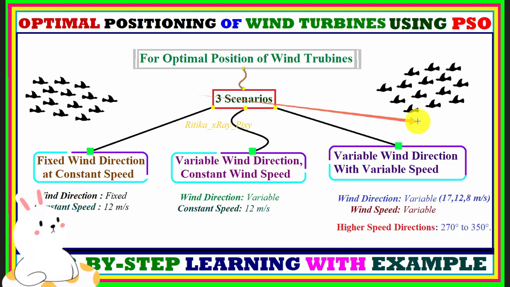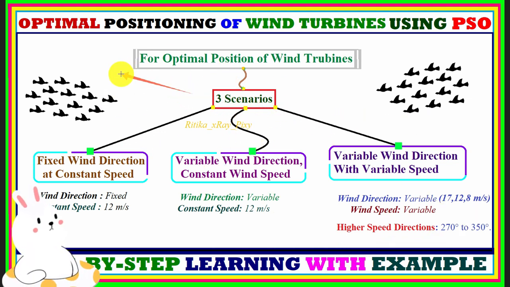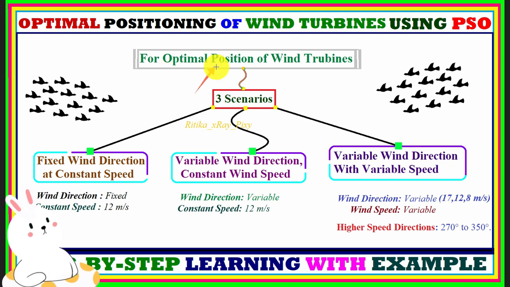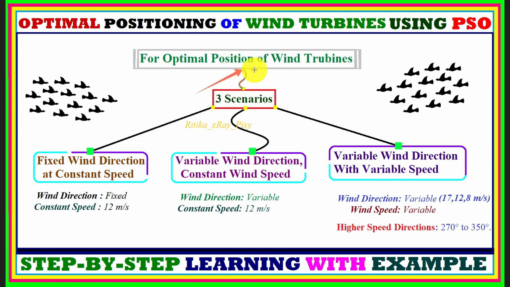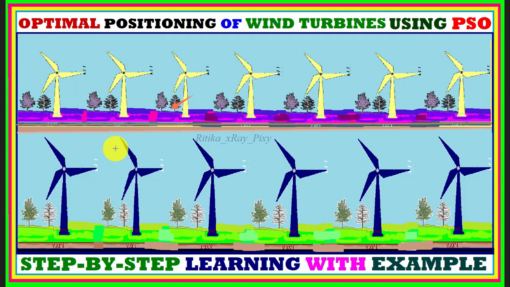So we have different scenarios that are considered when we are trying to find out the optimal position for the wind turbines, because in the wind farm we have different scenarios for the wind turbines. For example, we have the first scenario where wind speed is constant and the wind direction is also constant.